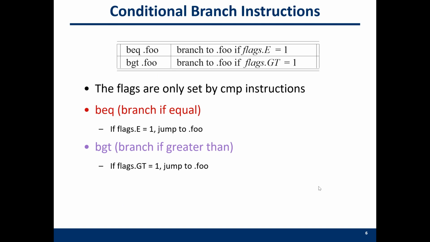Then the result will be stored in the registers. If they are the same, then the first one is 1 and the second one is 0. If they are different, the first one is larger than the second one, then the GT register will be 1 and the E register is 0.